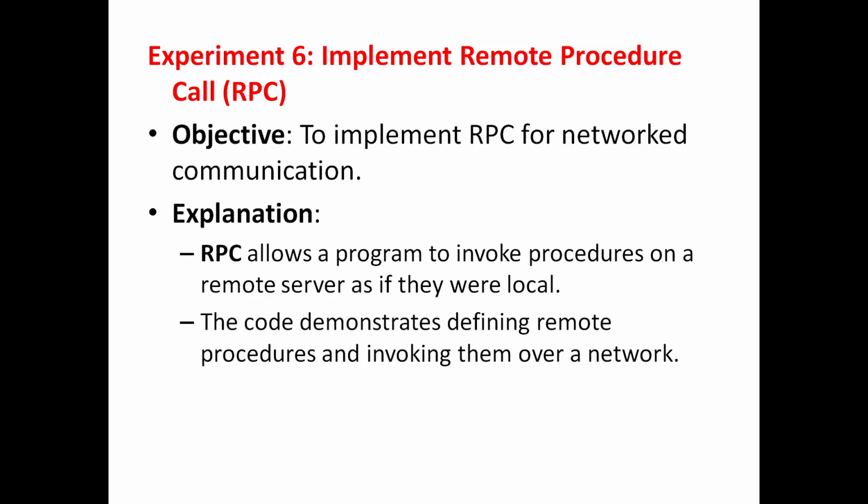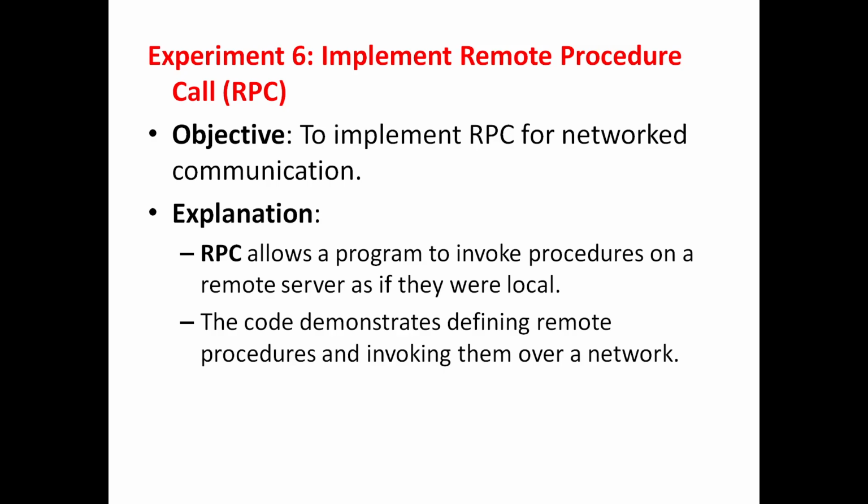So what does remote procedure call mean? It is a protocol or a method. It allows a program to execute a procedure on another machine or another computer over the network. Simply, we can say it is a function call. We know what a procedure or function call is.